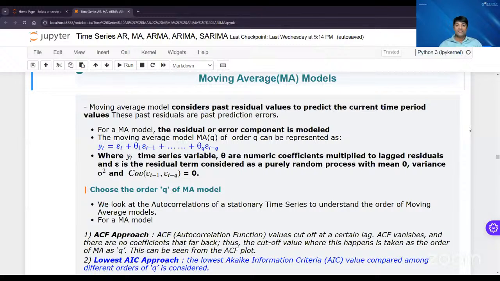In this model, whether you take mu or epsilon, anything is okay, you can see there is an error term, so it is more focused on the errors. Here, Q is nothing but the lag in the data, or you can say the order of the lags in the model.